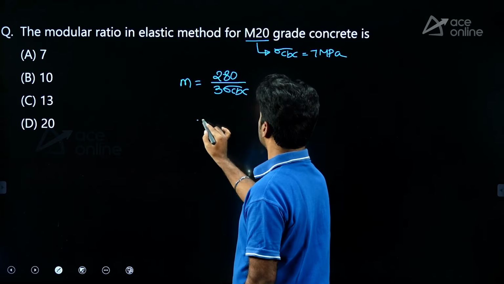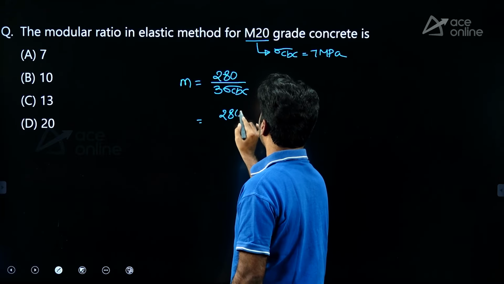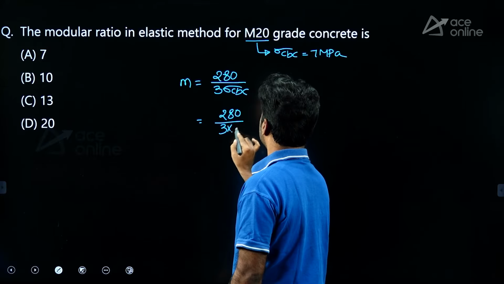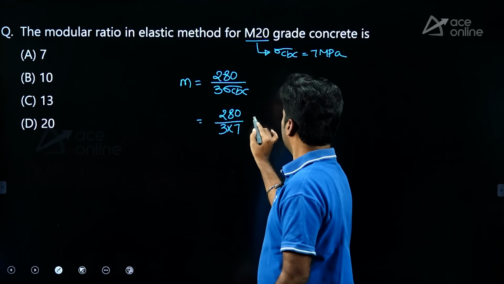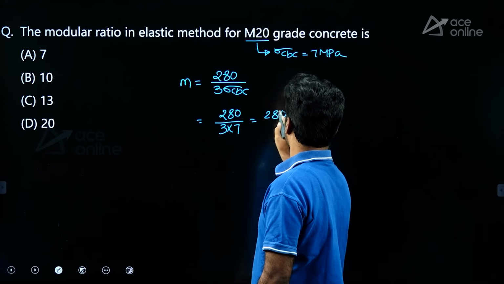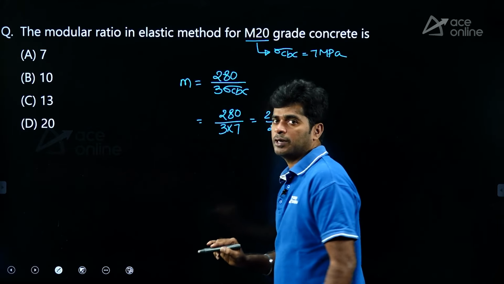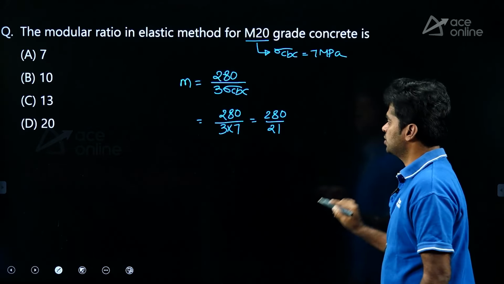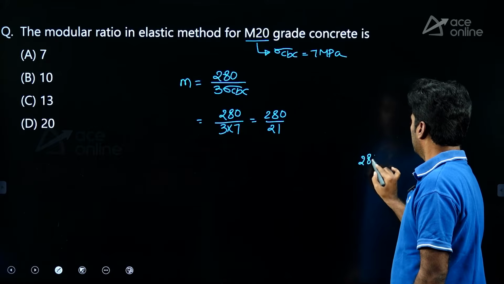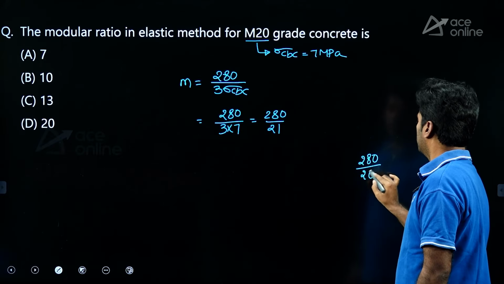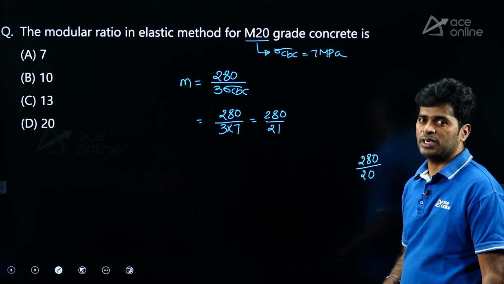So you can write it as 280 upon 3 times sigma CBC. So you will get 280 upon 21. Simplification is difficult for me, so I go for approximation. How? 280 upon, instead of 21 I can write 20, just for simplification.